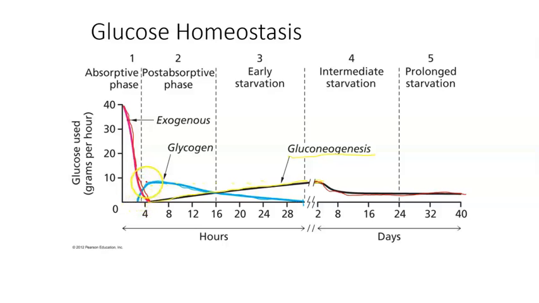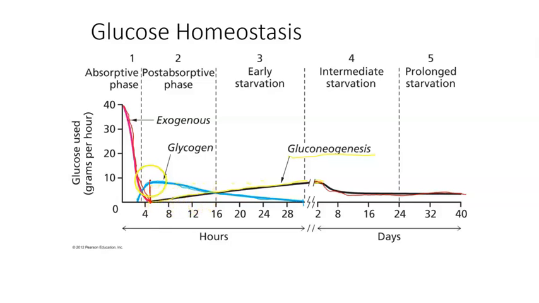Then after that's gone, we start to use our glycogen stores up, and right about this point we start to turn on our other pathways for breaking down glycogen and building up glucose from gluconeogenesis.